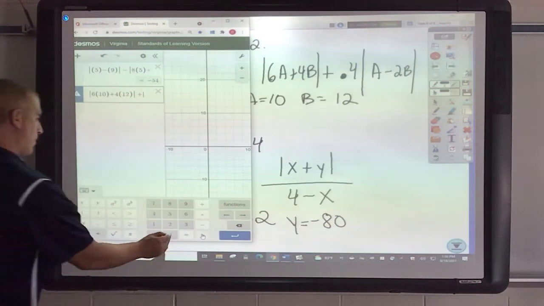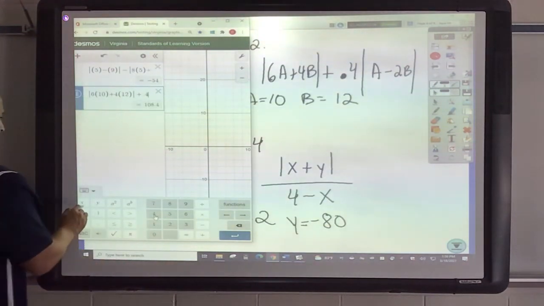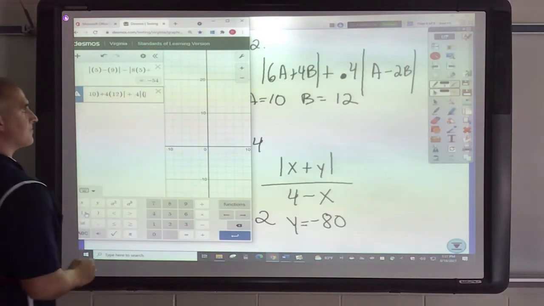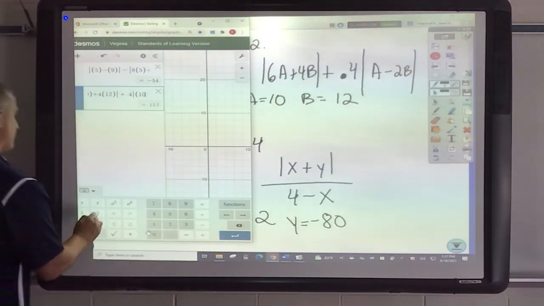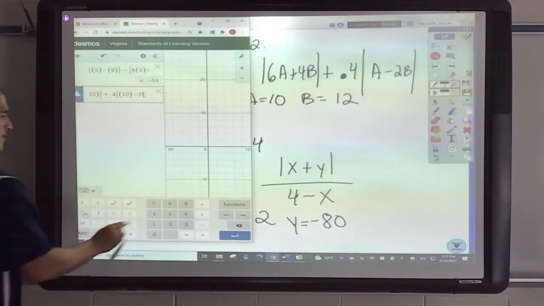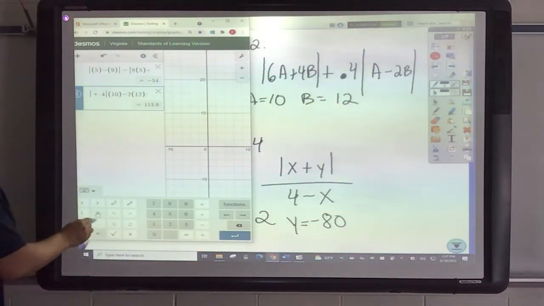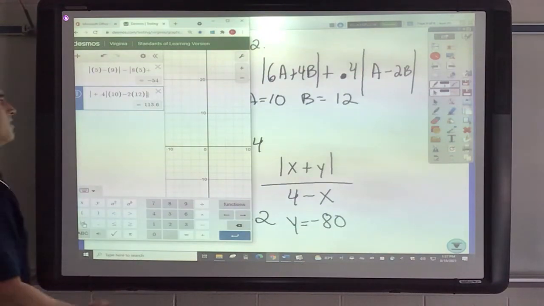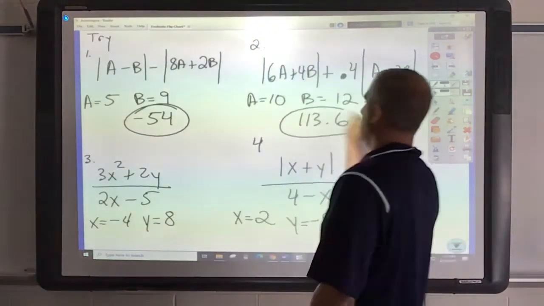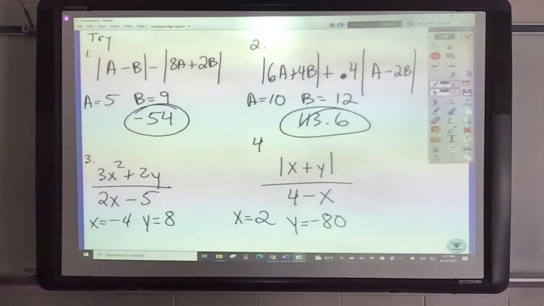Absolute value bars, parentheses where there's an A, so that'd be 10. Close it. Minus 2, parentheses where there's a B, that's going to be 12. Absolute value bars to finish, 113.6. You could give the fraction one if you want.